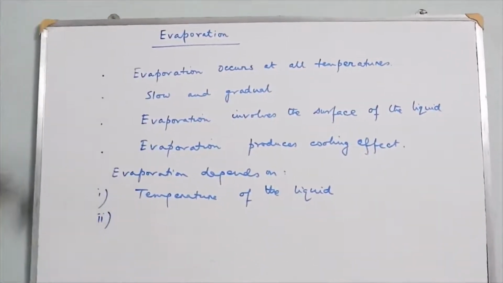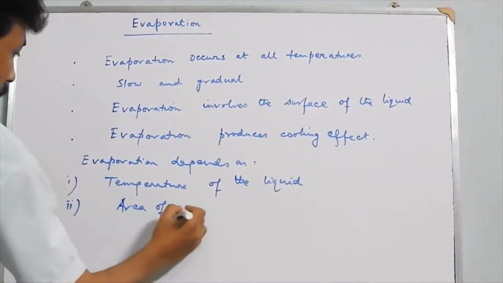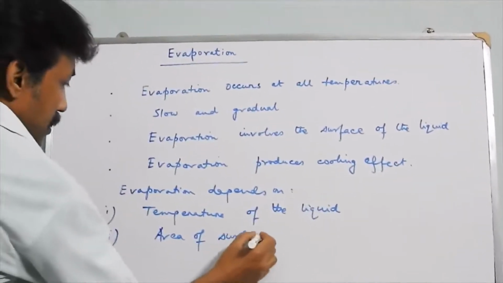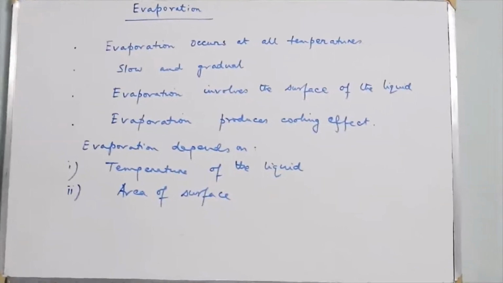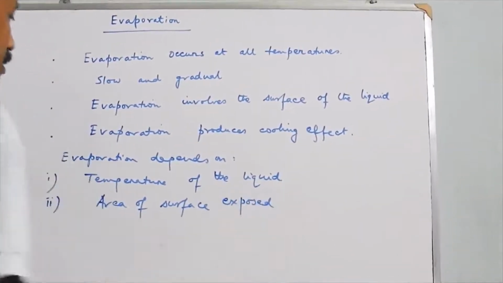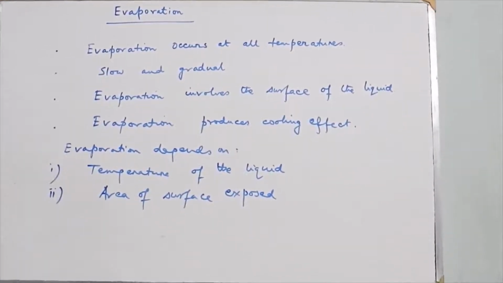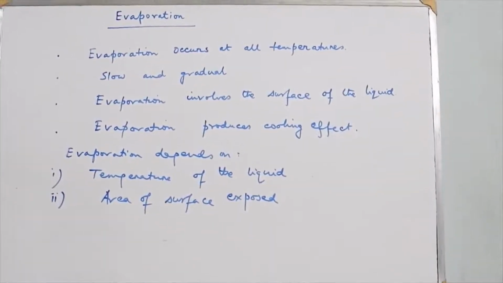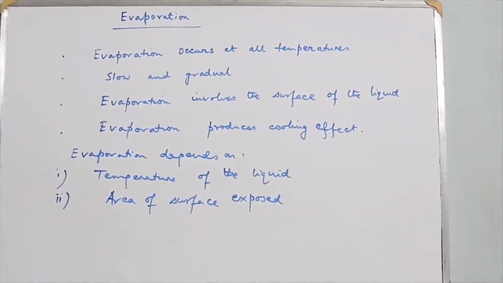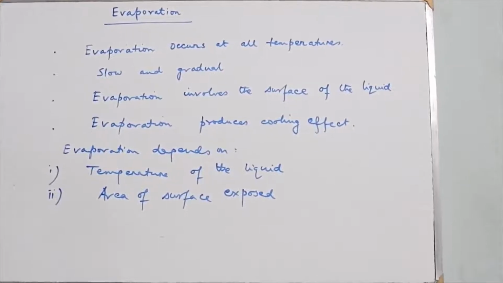Evaporation also depends on the area of the surface which has been exposed to air. More is the area of the surface of the liquid exposed to air, faster will be the rate of evaporation. It is a very common phenomenon which we can observe in our daily life.